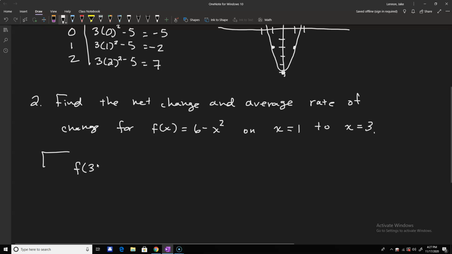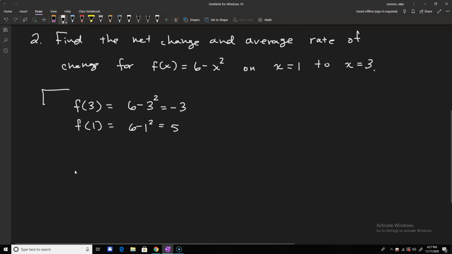So f of 3 is going to be 6 minus 3 squared, which is -3, and f of 1 is going to be 6 minus 1 squared, which is 5. So our net change is just the difference between those two. So that's going to be -3 minus 5. So that comes out to -8.